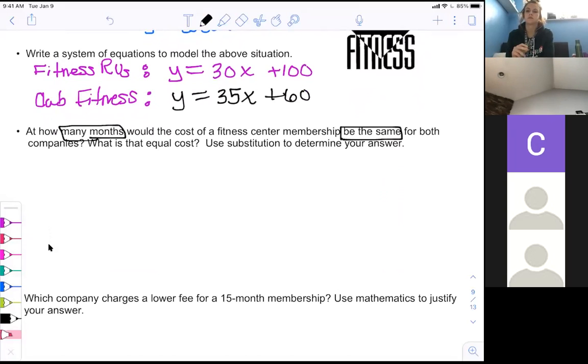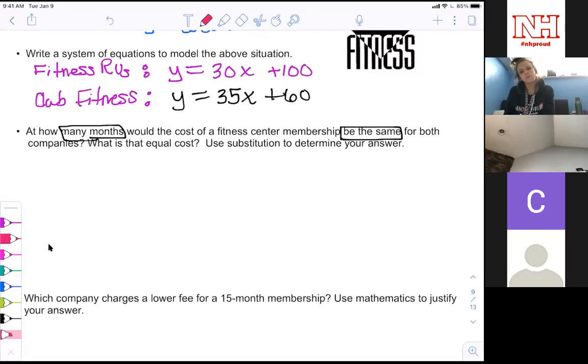If I go to both companies, at what point would my costs be equal to each other, exactly the same? Does anybody know how we would do that with the two equations? How could I figure out when the cost is the same?